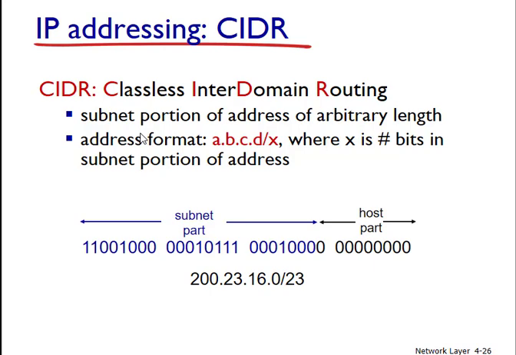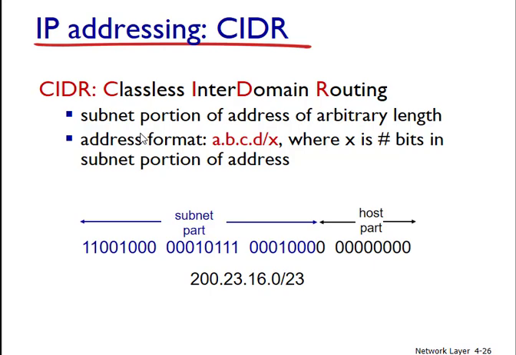However, a Class B, which had the /16 subnet mask, which supported up to 65,534 hosts, was way too large. Under classful addressing, an organization with, say, 2,000 hosts was allocated a Class B, that's the /16 subnet mask.